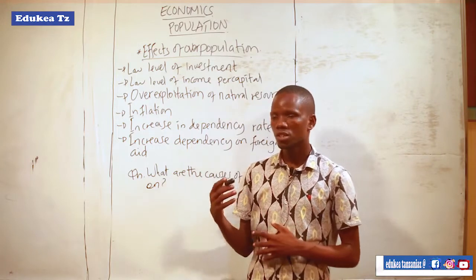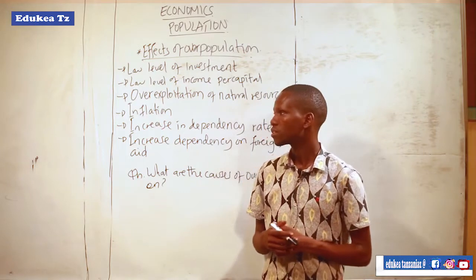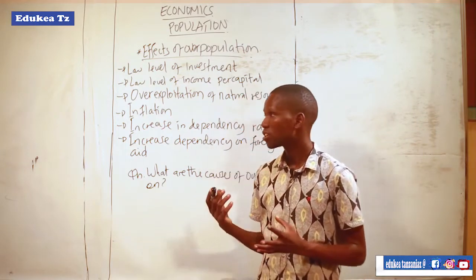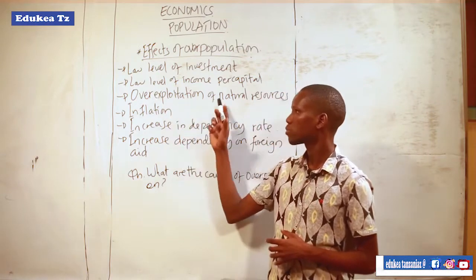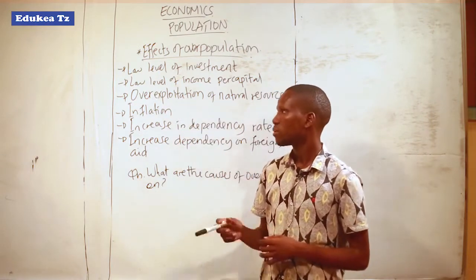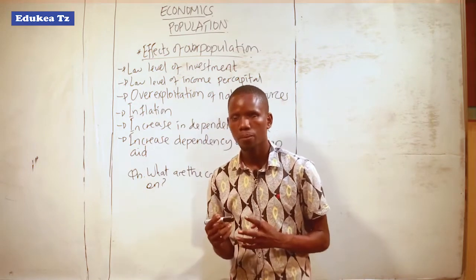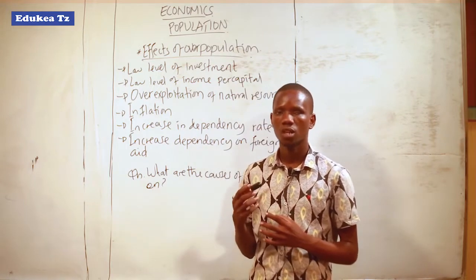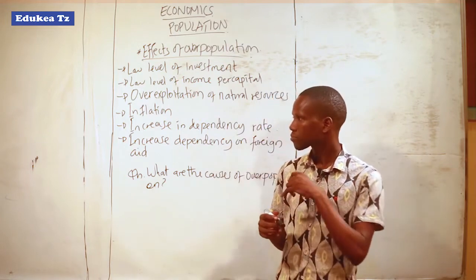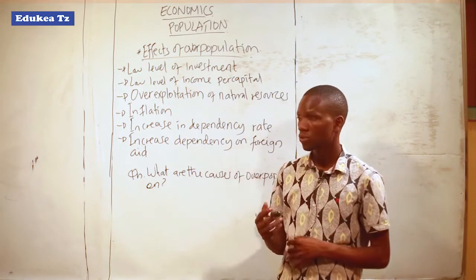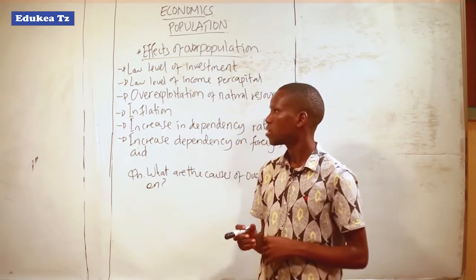Even when they try to expand their settlement as the population increases, there must be clearance of the trees. So this can lead to overexploitation of natural resources, but also there is a need to produce more goods and services in order to meet the demand of the people. So this will lead to maximum utilization of the resources in a way that they cannot recover. So this is a problem.